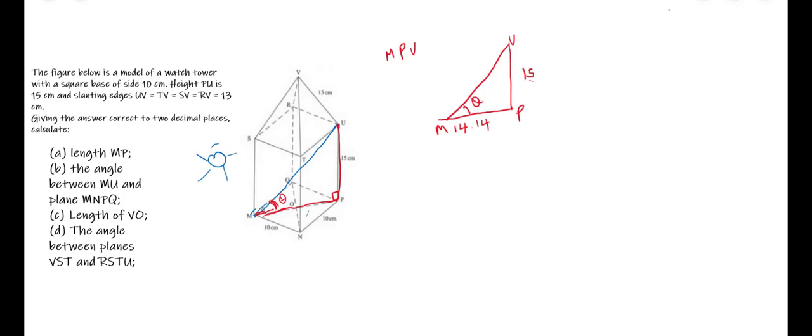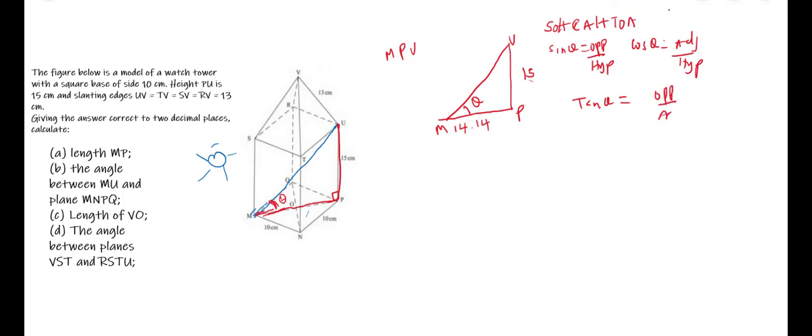We are going to use the trigonometric ratios sine, cosine, and tangent, and we pick the one that suits us best. So we use a mnemonic called SOHCAHTOA, which means that SOH means sine theta equals opposite over hypotenuse, cos theta equals adjacent over hypotenuse, and tan theta equals opposite over adjacent.